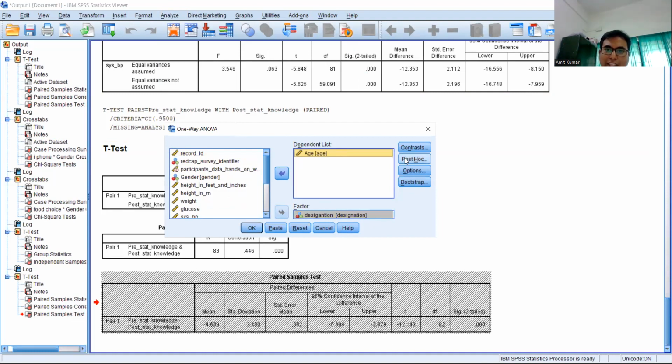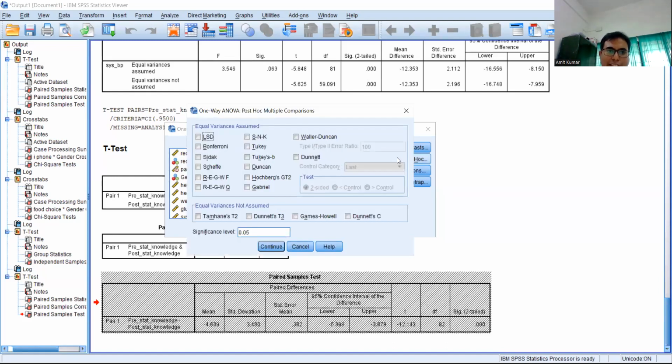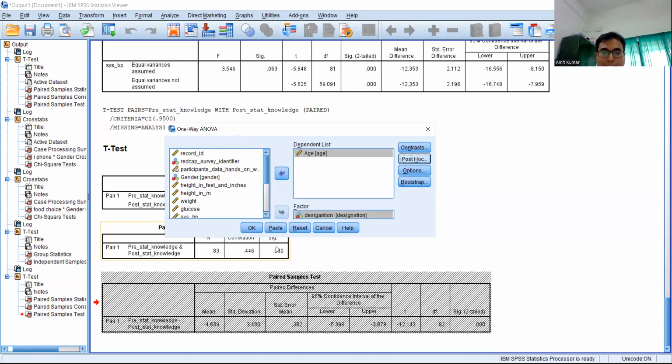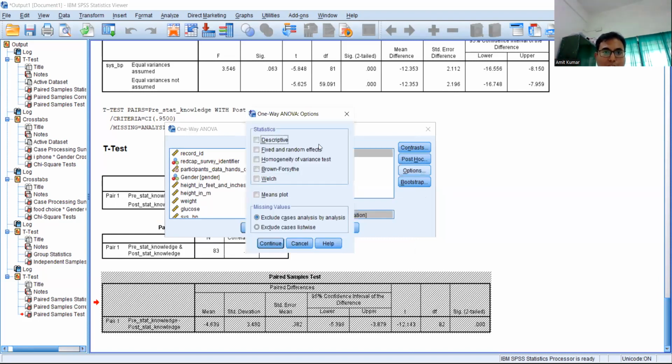In the ANOVA, we have to tick something. We have to do some correction for the type 1 error, because if you increase the number of groups, there are chances of false positive findings. Therefore, some correction needs to be done. The very commonly used correction is the Bonferroni correction, which also lets us do the post hoc test. And then we have the option here to see what statistics we want to see.